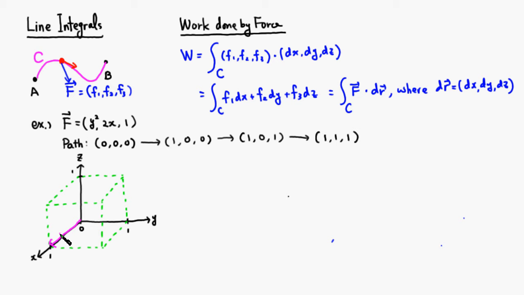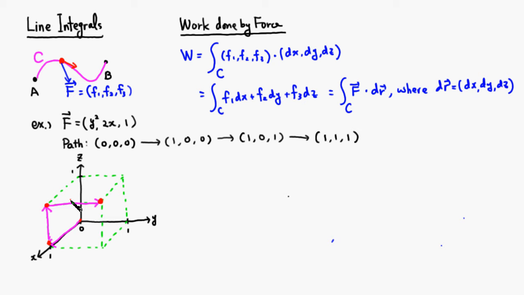After that it goes up to 1, 0, 1, parallel to the z-axis. Then it goes to 1, 1, 1, parallel to the y-axis, so you end up here. This is the path it's going to take.